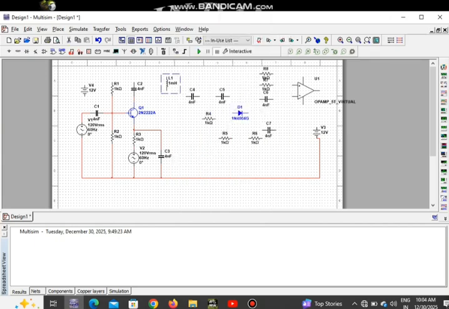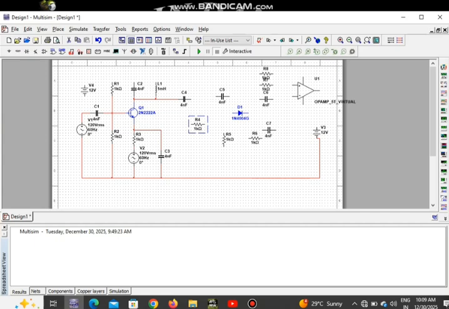Inductor flip 90 degrees. Capacitor, and join the inductor. Move the capacitor.